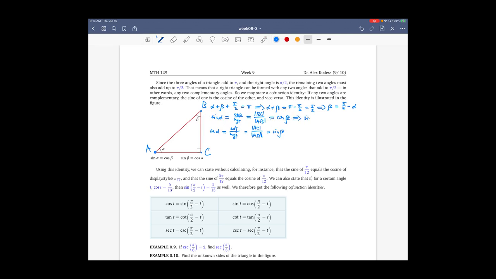We have sine alpha equals cosine beta, where instead of beta, I want to write pi over 2 minus alpha, because beta is pi over 2 minus alpha. That is a very important identity called co-function identity.